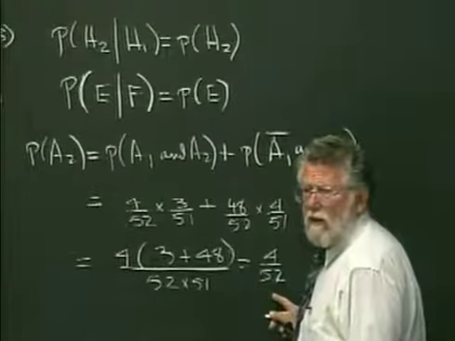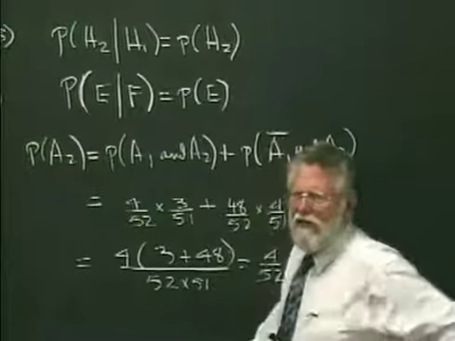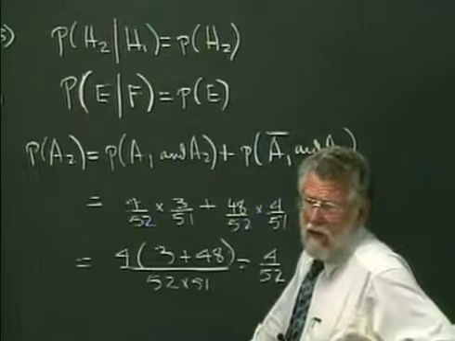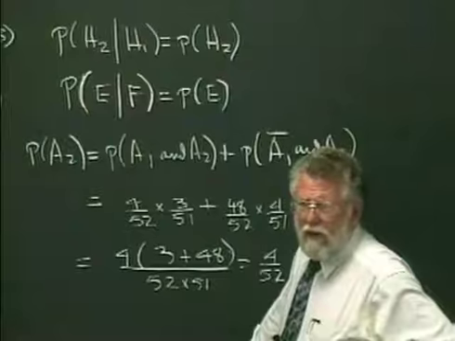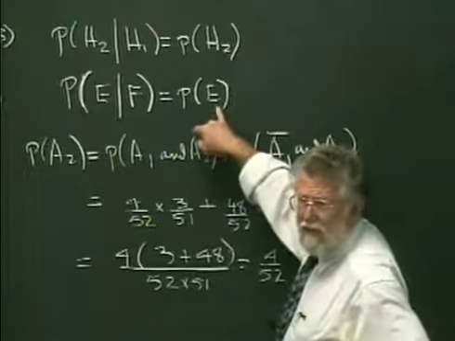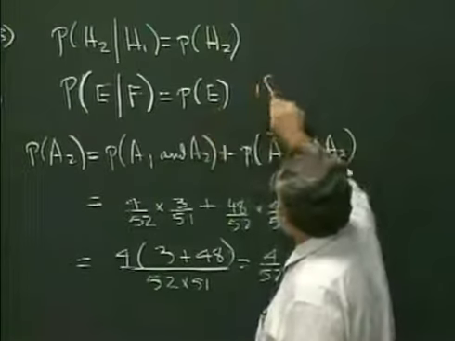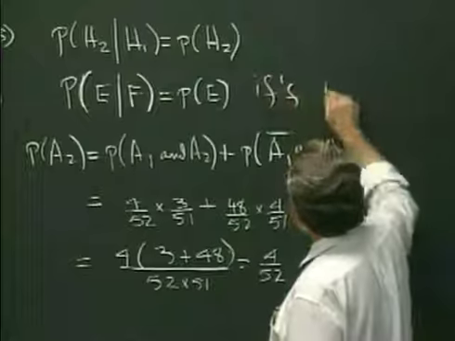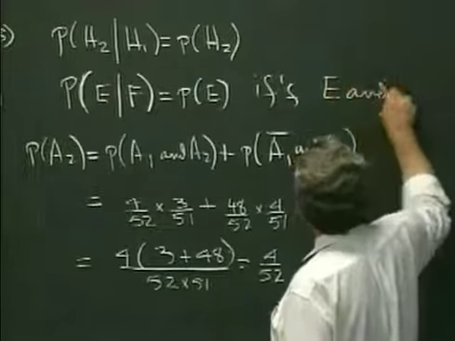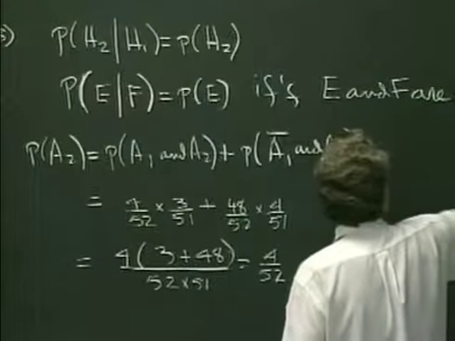Are those equal? No. So is getting an ace in the first and getting an ace in the second an independent situation? No. By what criterion? By the criterion that if you have this condition, E and F are independent. So we are going to say if and only if E and F are independent events.